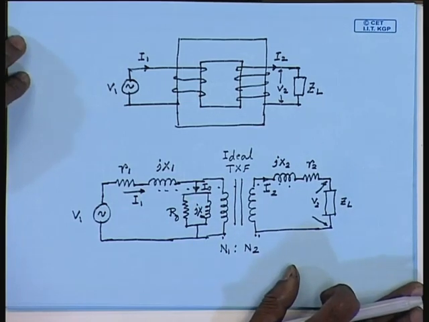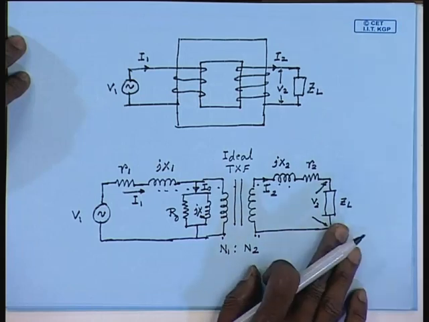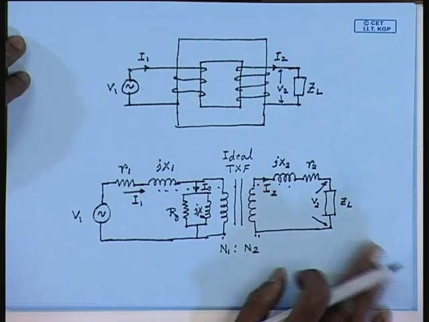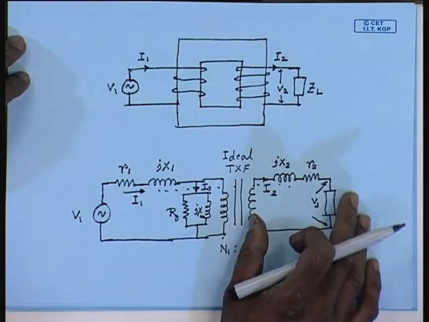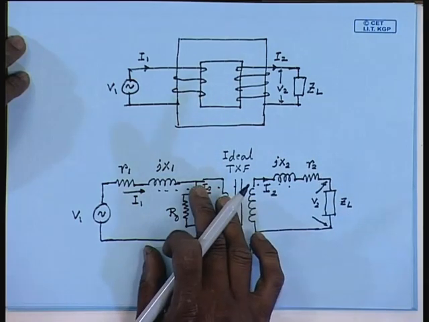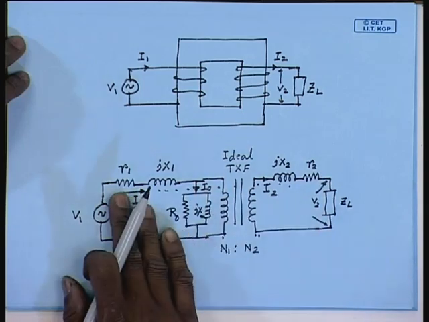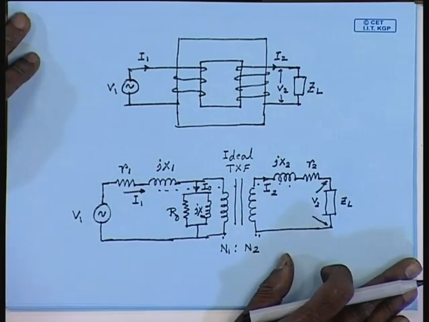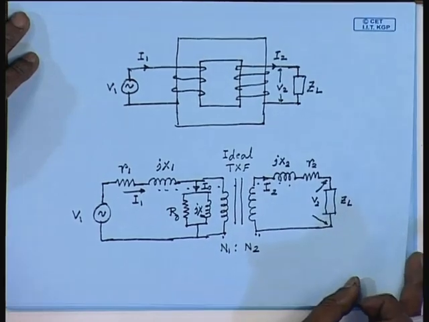Therefore, we said that this can be converted to a convenient equivalent circuit by either referring whatever is there on the secondary side to the primary or referring the primary to the secondary side, which results in two equivalent circuits which are very closely related as follows.